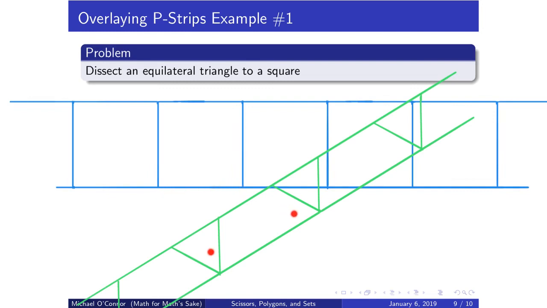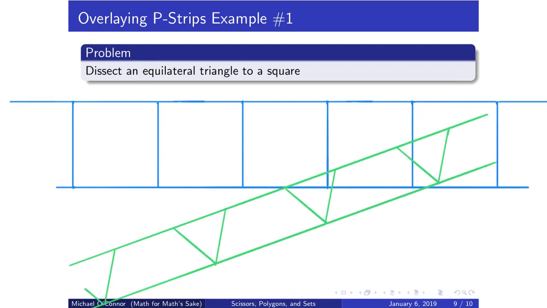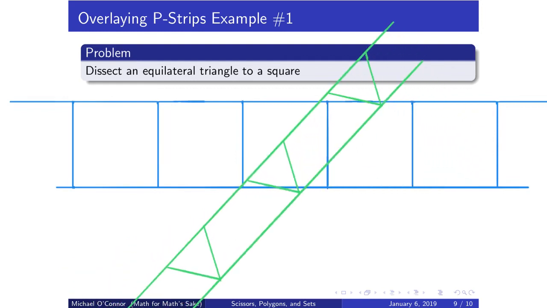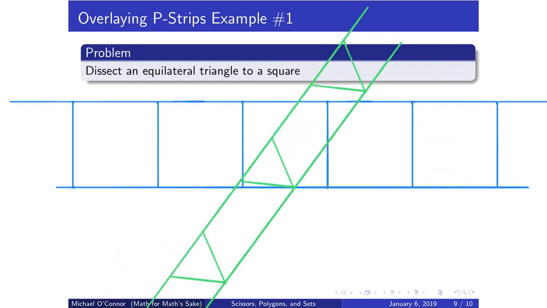So for example, this angle is too shallow because this point and this point are way too far apart. And this is too steep because these are too close.